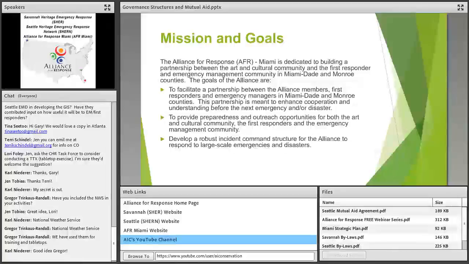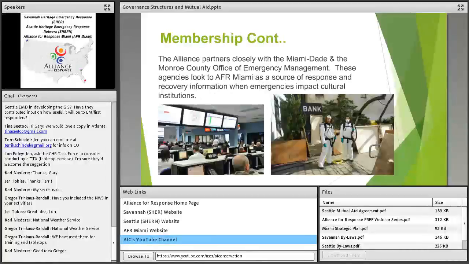We are here to act as a clearinghouse for resources and information about disaster preparedness, response, and recovery via websites, resource tabletop conferences, webinars. We maintain and promote Miami's AFR website and social media pages. Steve does a wonderful job at that. And we are here to acquire on a cooperative basis supplies and equipment to support the emergency response, disaster preparedness, and collection and salvage programs of our member organizations.